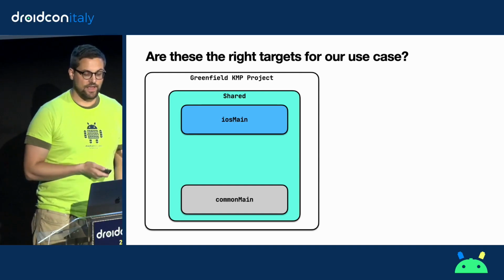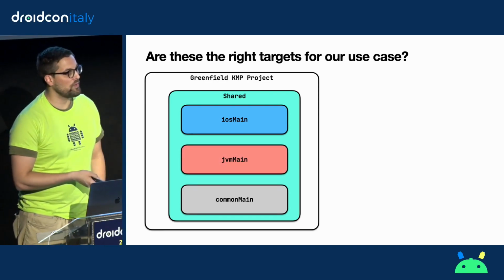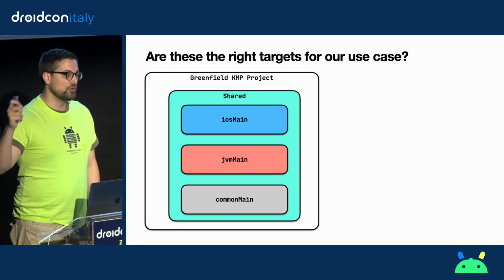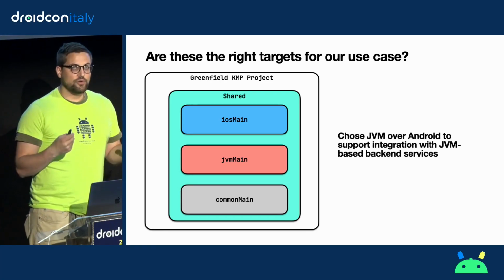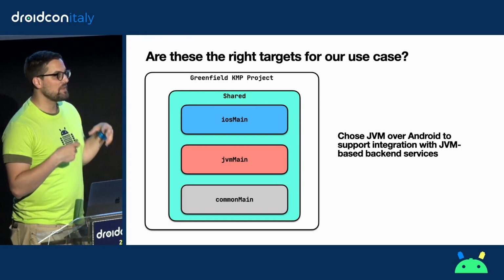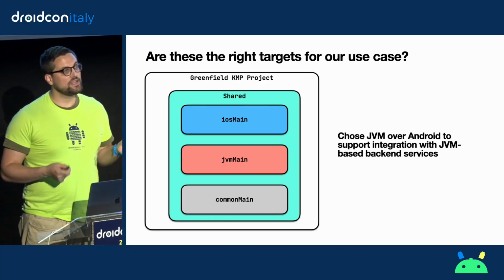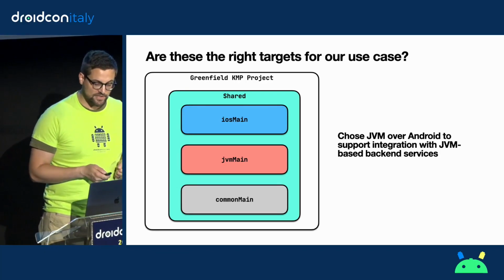And it turns out for our use case of analytics, JVM was perfectly fine. And by choosing JVM, we also made it easier for us to integrate into our backend services, should we choose to. So again, another general thing here is to think about exactly what you need. If you're building something very generic like constants or, in our case, analytics, you probably don't need it to be Android specific. And by making it JVM, you give yourself more options in the future.